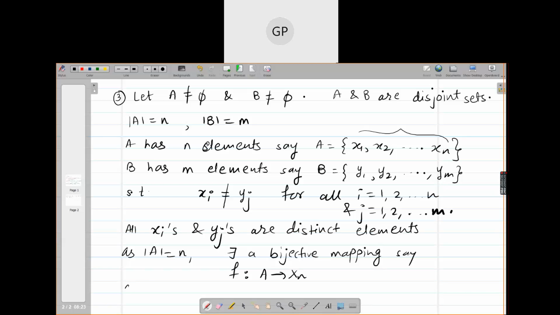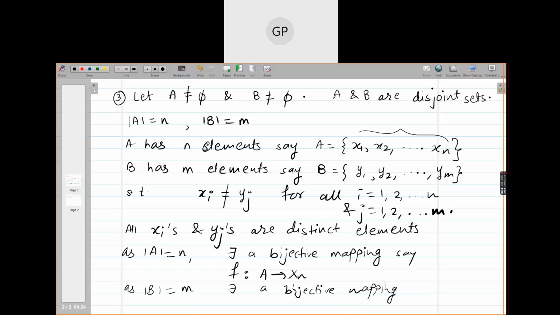And as the cardinality of B is equal to m, there exists a bijective mapping. See what I am writing now, carefully. Though I am taking the names as y1, y2, ym, I am writing another mapping g from B to Xm only.